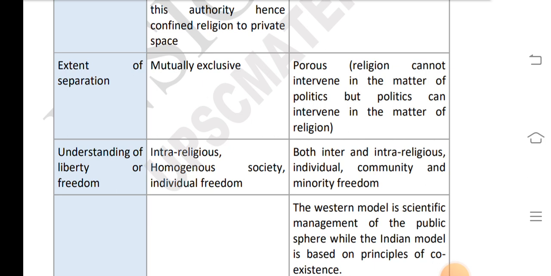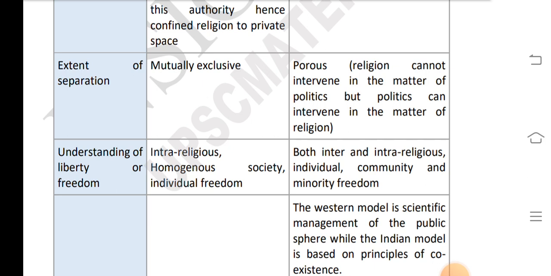The spheres of politics are separated from the spheres of religion, with equal distance from all religions, and rational. In the West, religion was all-encompassing and the church was dominant. The state wanted to curtail this authority, hence it confined religion to the private space.